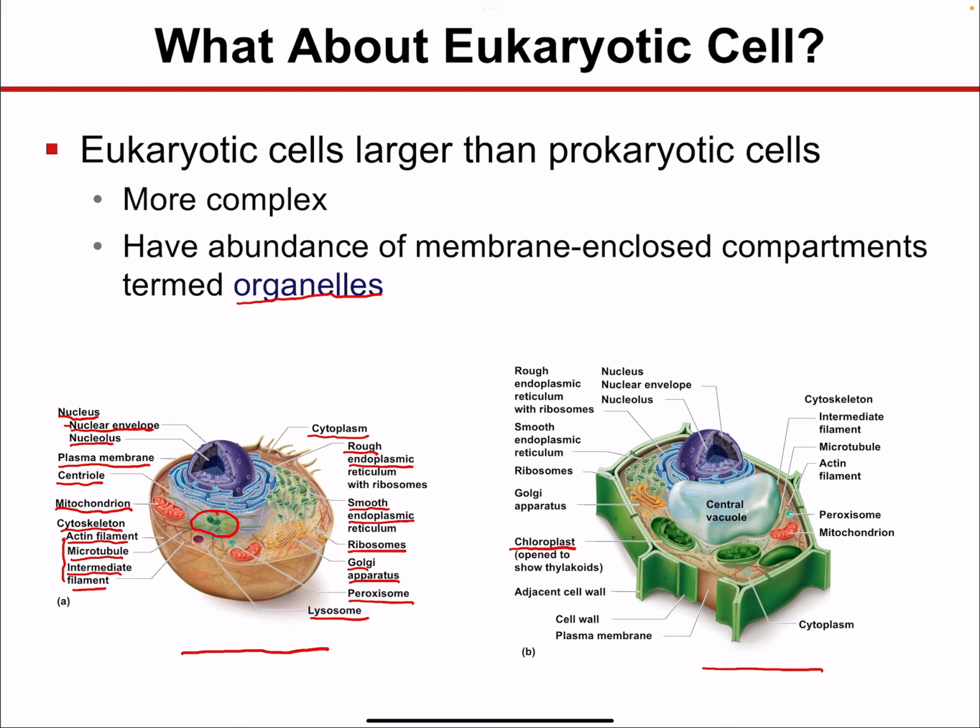What do chloroplasts do? We are going to address that. We're going to have the cell wall that you find in plant cells that you don't find in animal cells. Very important to mention that. Otherwise, most of everything else that is present in animal cells, you're going to find in plant cells and vice versa. Okay?